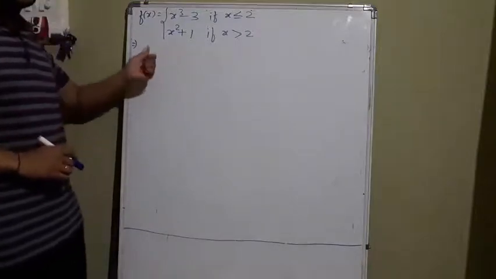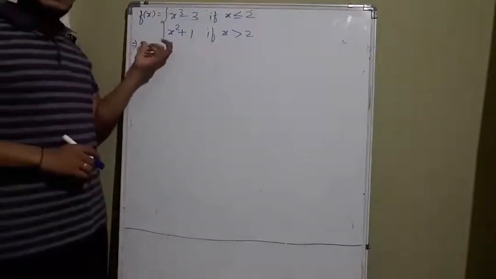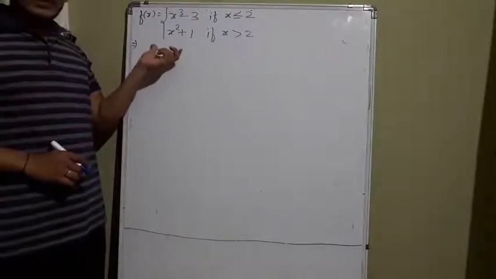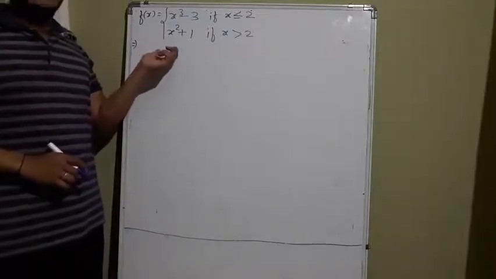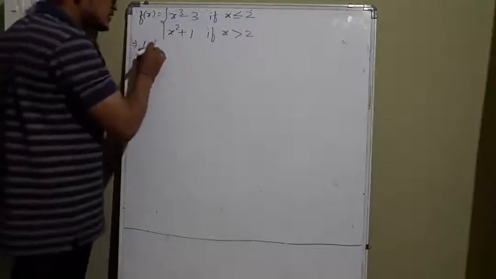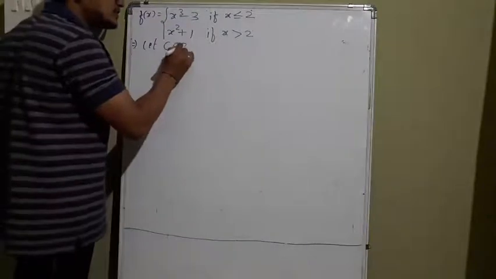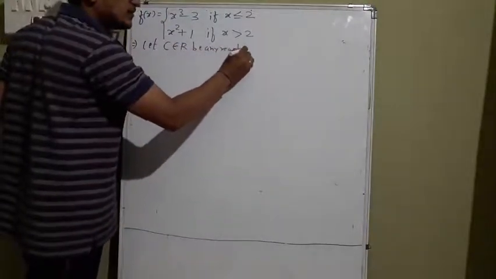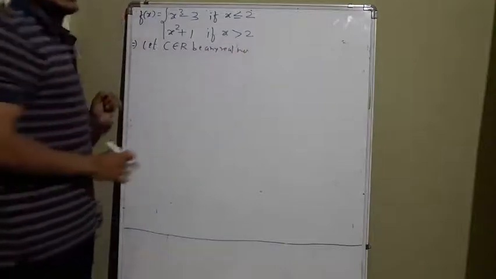What is that first sentence? Clearly the function is defined for all the points in the real line. After that you have to write one more sentence: let c belong to R be any real number.